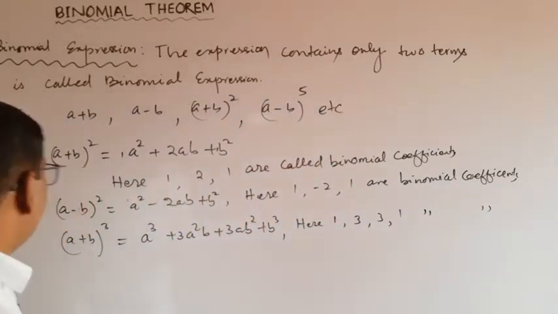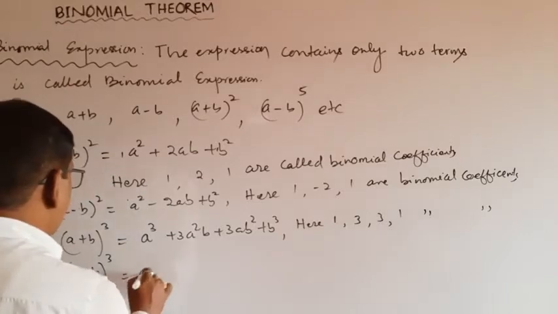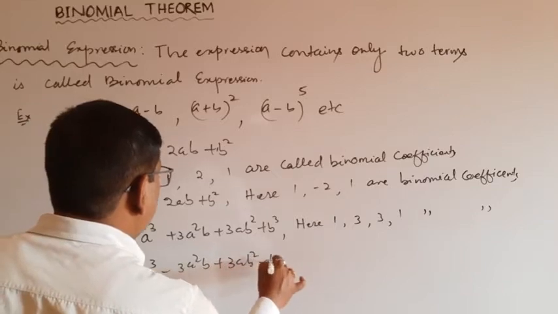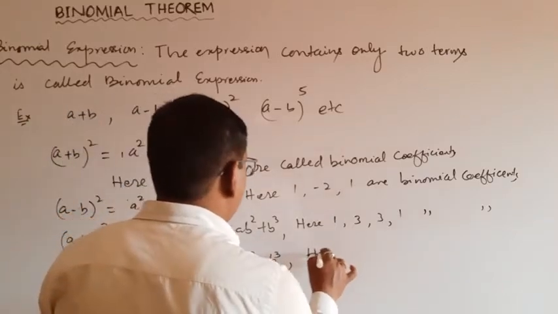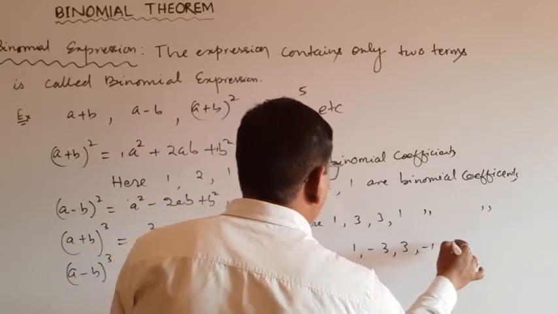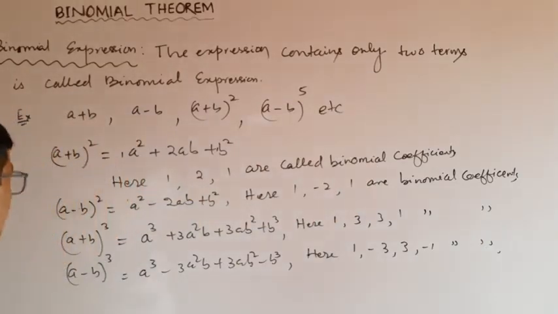Like this, what is (a minus b) whole cube? (a minus b) whole cube is a cube minus 3a square b plus 3ab square minus b cube. Here 1, minus 3, 3, minus 1 are called binomial coefficients. Up to cube we know freely: (a plus b) whole square, (a minus b) whole square, (a plus b) whole cube, (a minus b) whole cube.